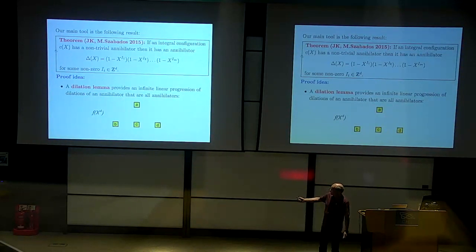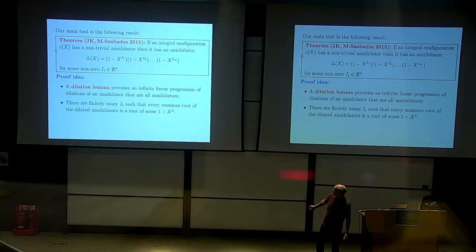This is a well-known fact. And then using this, we notice that if you take any common zero to these dilated polynomials, now I'm plugging values into the polynomial, not in the power series, but in the polynomials.